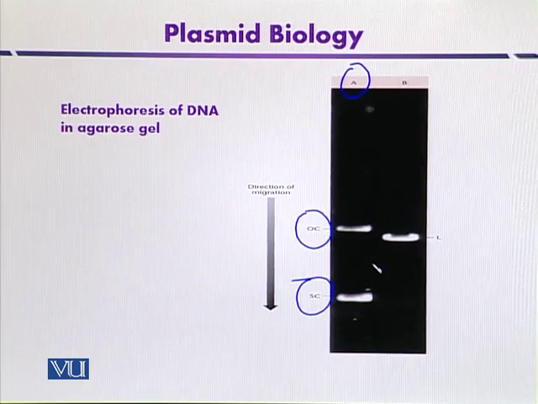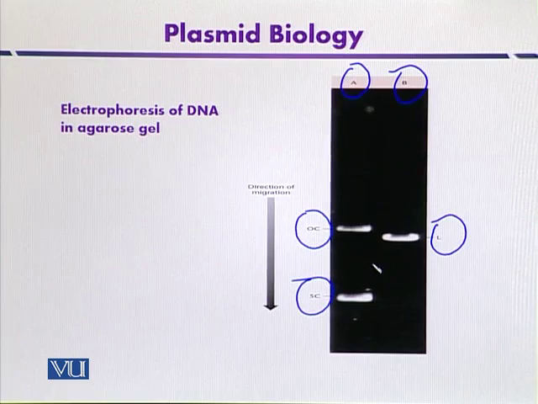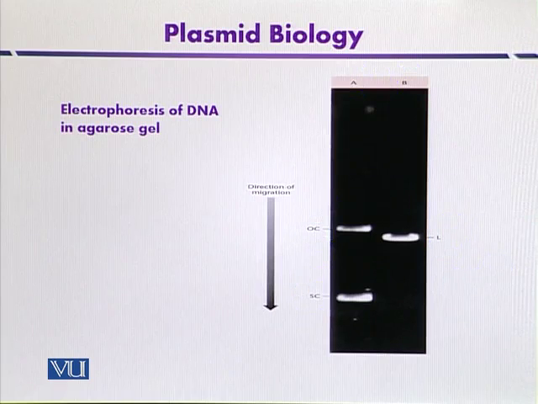configuration. And if we load the linear DNA, that is represented here as L, that is treated with, suppose, an enzyme like EcoR1, it will move a little bit ahead of open circle DNA. So depending upon the configuration of the plasmid DNA, they will be separated at different locations on the gel.